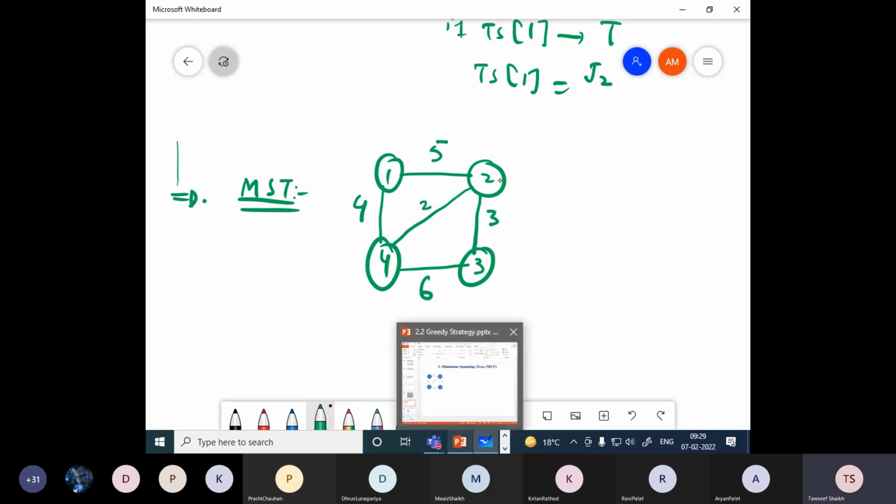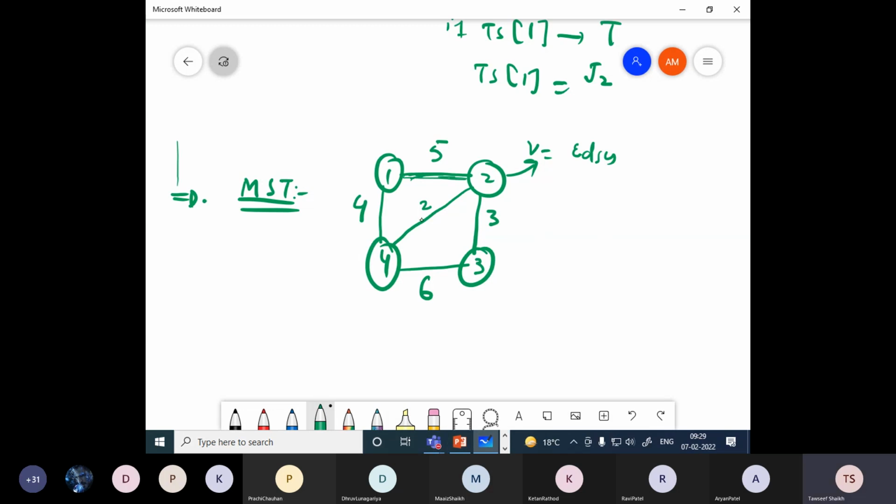You know that these nodes are known as vertices, and these edges or connections in between different vertices are known as edges. These are the simple concepts of graphs. And these numbers present on the edges are known as the cost.